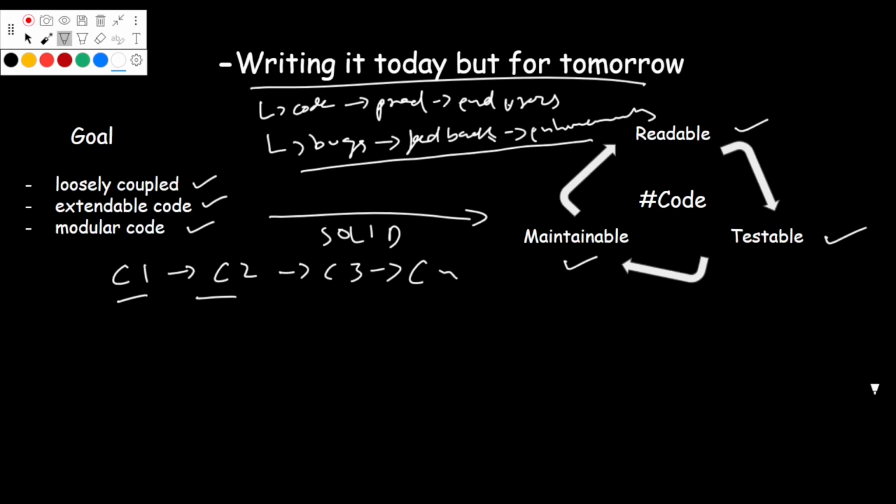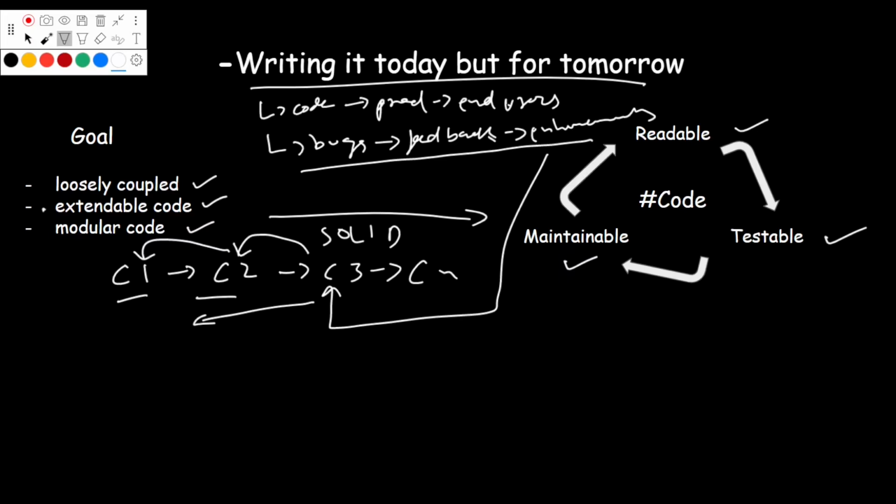Say you have received an enhancement which is impacting class C3. If it is loosely coupled, there shouldn't be a ripple effect where changing C3 requires a change in C2, and C2 requires a change in C1. That ripple effect should be avoided. And how do we do that? By writing loosely coupled code, where classes are not dependent on each other.